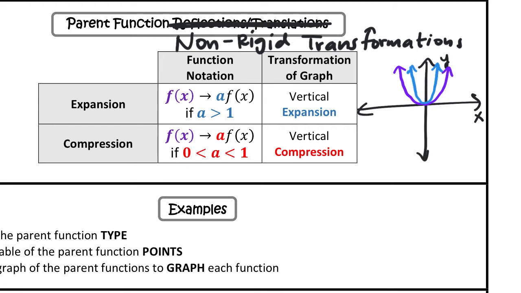And then an example of compression would look like this. Compression causes this U shape to get a little bit wider. Okay, so we have the parent function in purple.